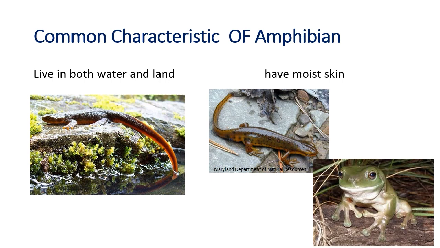The second one, they have moist skin. So what is the meaning of moist skin? Their skin is always wet because they absorb water and oxygen. If their skin is dry, they might die.